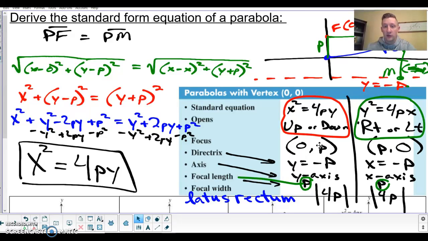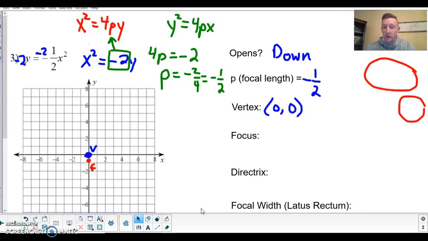Of course you could. You can just plug stuff into a formula, and that's fine. Or with a little bit of thought, which I would encourage, I think you could figure this out. I know that my focus is at the point, let's see, I'm at 0 for x and I went down a half a unit. So 0 is still the x coordinate, but the y coordinate would be negative 1/2. That's where I am on the xy axis.